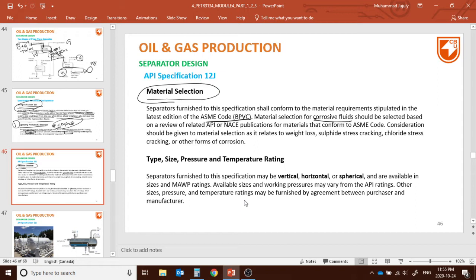Based on the API or NACE publication, we can check the corrosivity and the type of material that conforms with the ASME code. Consideration should also be given to weight loss, sulfide stress cracking, or SSC, chloride stress cracking, or other forms of corrosion.